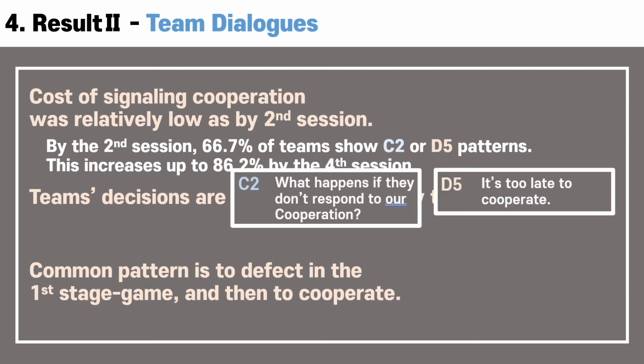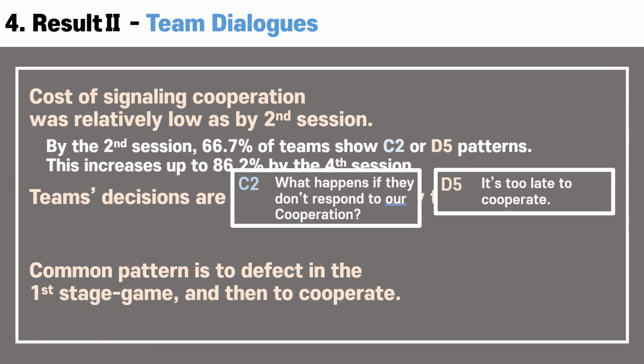The C2 pattern shows that teams choose to cooperate in fear of not responding to their signal of cooperation. But when we have a majority of teams having this same pattern, it indicates that many teams will choose to cooperate in future sessions without one side having to sacrifice to signal cooperation.